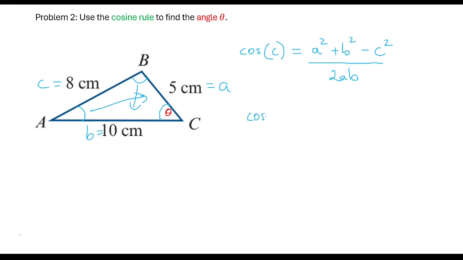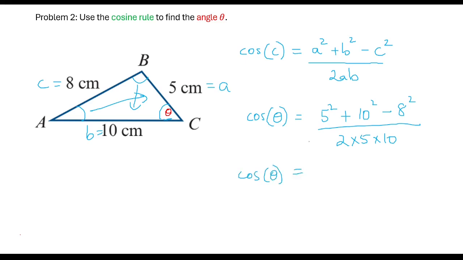So let's sub all that in. So cos theta, which is our angle C, is going to be 5 squared plus 10 squared minus 8 squared all over 2 times 5 times 10. So let's put that in our calculator and we get cos theta equals 61 over 100.